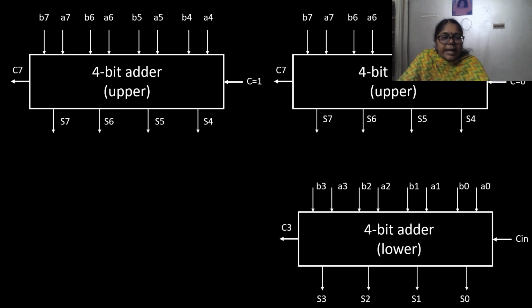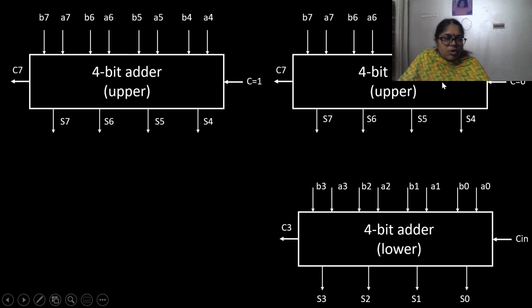Now, I told you in one block there are 2 adders present. So we have 2 4-bit adders to which you can see carry input 0 has been given and carry input 1 has been given. Now A4, B4, A5, B5, A6, B6, A7, B7 are given to both of these 4-bit adders.